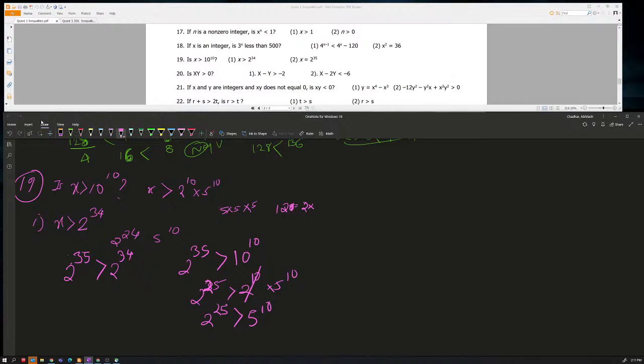Now 5 power 3 is 125. 5 power 10 into 25. We will get a yes answer or not. Wait, we need to get this here. So 2 power 25, 5 power 10.